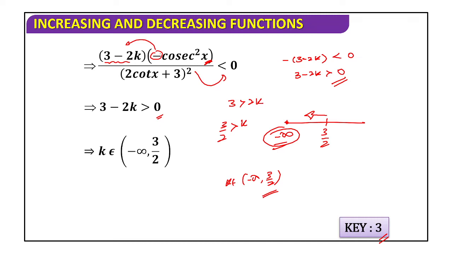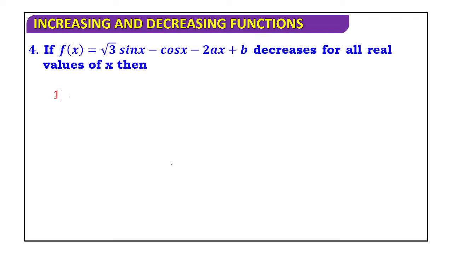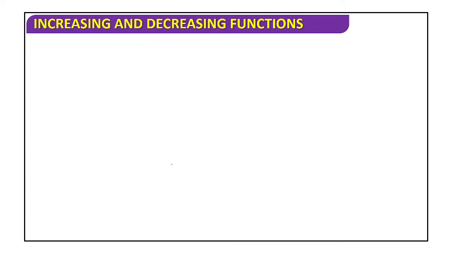If it is a negative function, as we all know, to make it positive, the sign will change its nature. So 3 minus 2k will be greater than 0. Therefore k will belong to minus infinity comma 3 by 2. That is option 3. Okay. So very quickly now we can move to problem number 4.